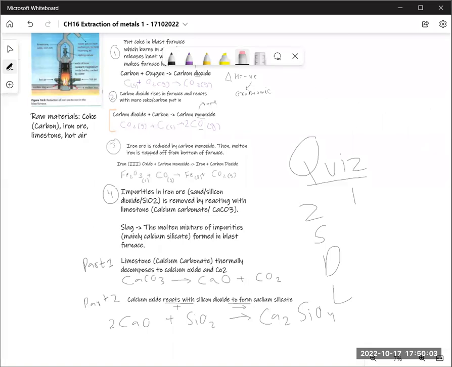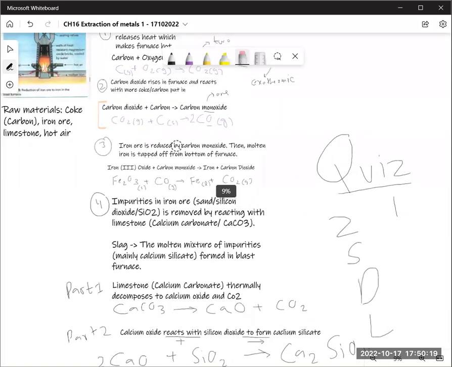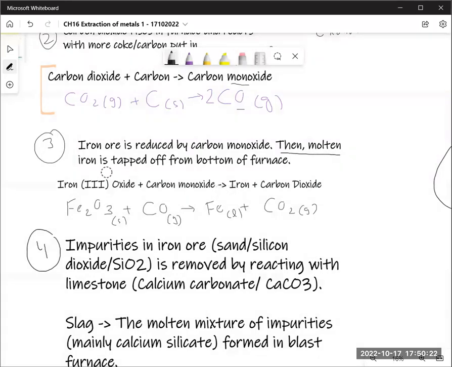It's in your notes, it's on the screen. Not by slag, no. How is molten iron removed or taken out of the blast furnace? By reducing with carbon monoxide, and then molten iron is tapped off from the bottom of the furnace.